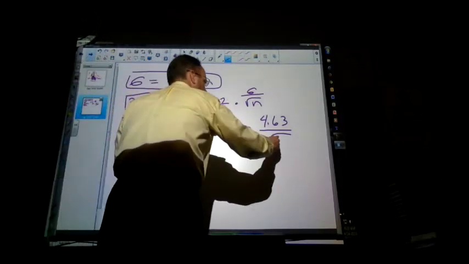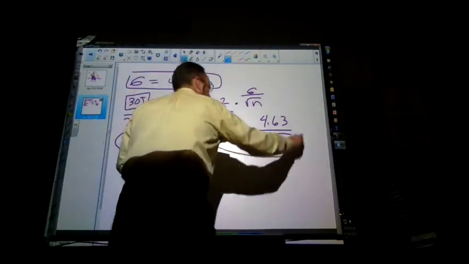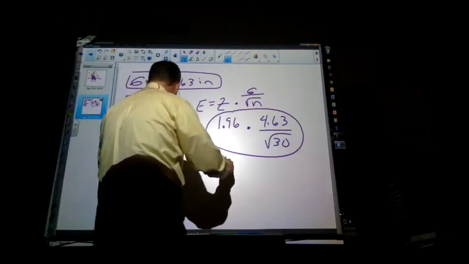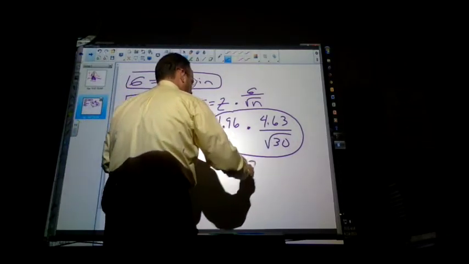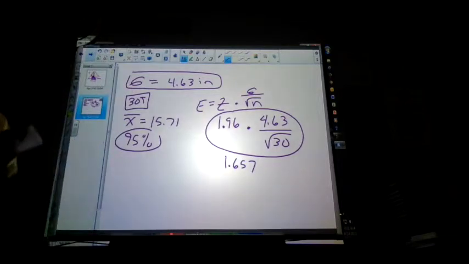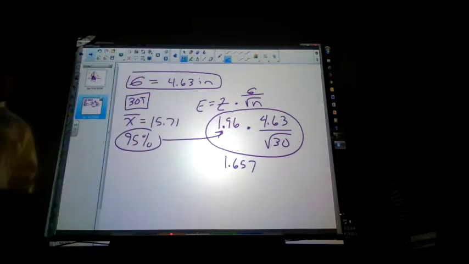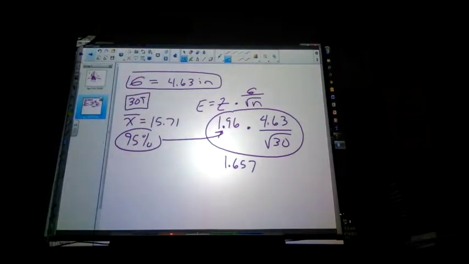So in this case, over the square root of 30. If you did this math on your calculator, this is going to come out to 1.657. And what makes this a 95% confidence interval is this 1.96 is the number we're using.